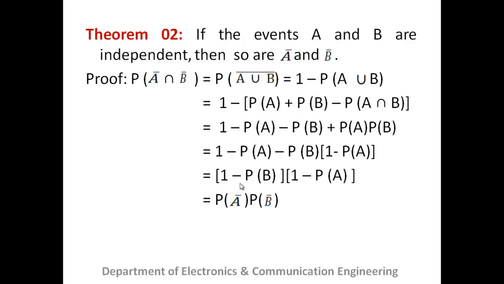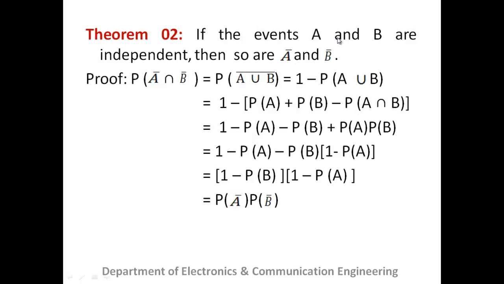The probability of (A union B) whole complement can be put as equal to 1 minus probability of A union B. Now we know that probability of A union B is equal to the summation of individual probabilities, that is probability of A and probability of B, minus the probability of A intersection B.